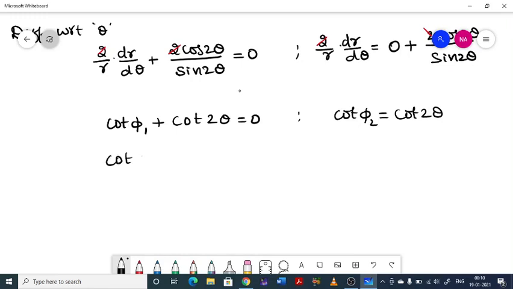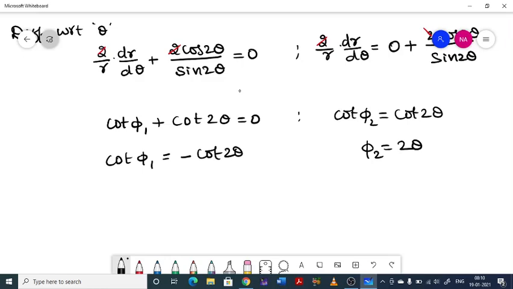So this cot phi 1 keeping on left hand side, taking this to the right hand side, cot phi 1 equal to minus cot 2 theta, and here you can directly compare the angles, you get phi 2 equal to 2 theta.